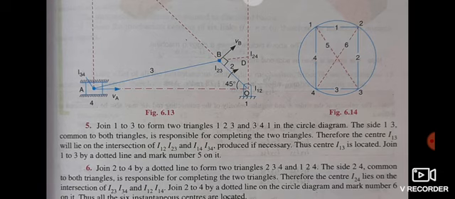Therefore, the center I13 will lie on the intersection of I12, I23 and I14, I34 produced if necessary. Thus, center I13 is located.